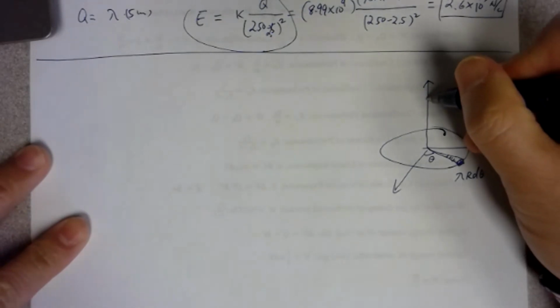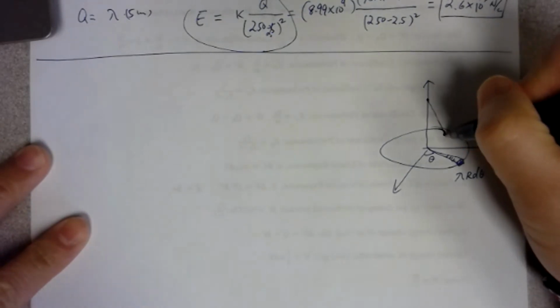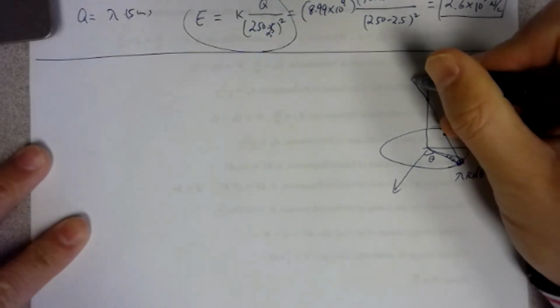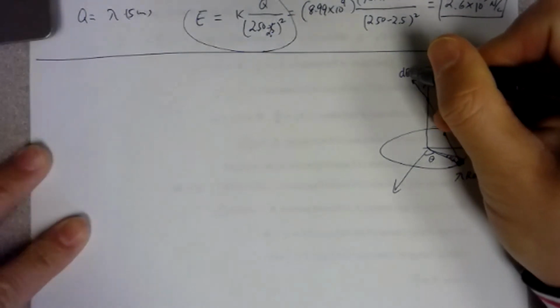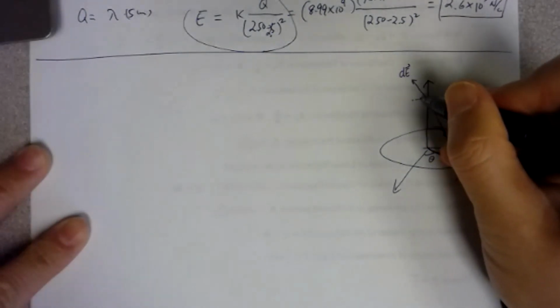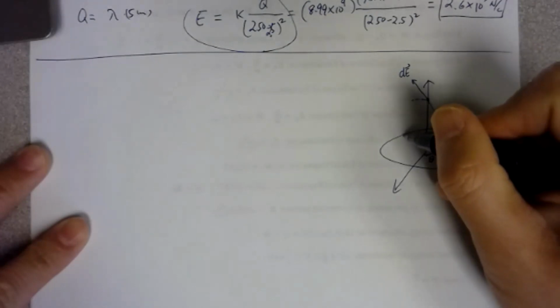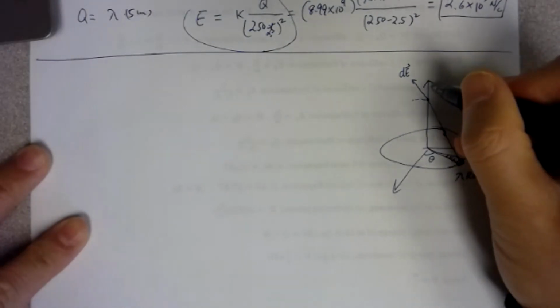At point P, connect from here to there. This is your dE in that direction, but its X component will cancel out with its counterpart on the other side.